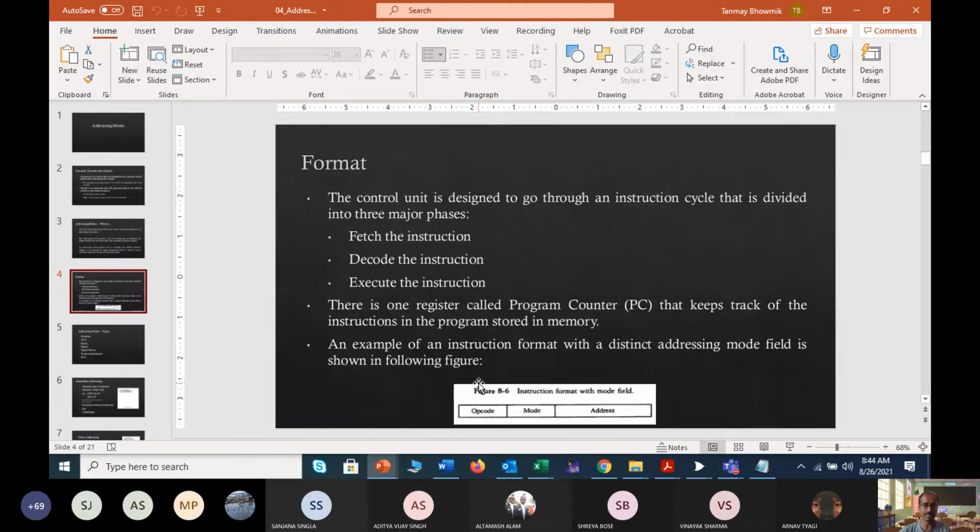So this is another important thing, the program counter. Whenever you read about the addressing mode, it is always required to know the program counter, because once one instruction is executed, you need to know where to go next. Your program counter will guide you in this regard. There is one register called the program counter that keeps track of the instructions in the program stored in the memory.